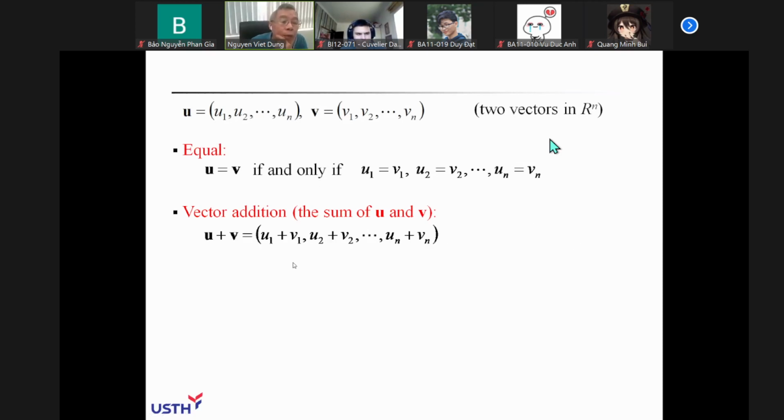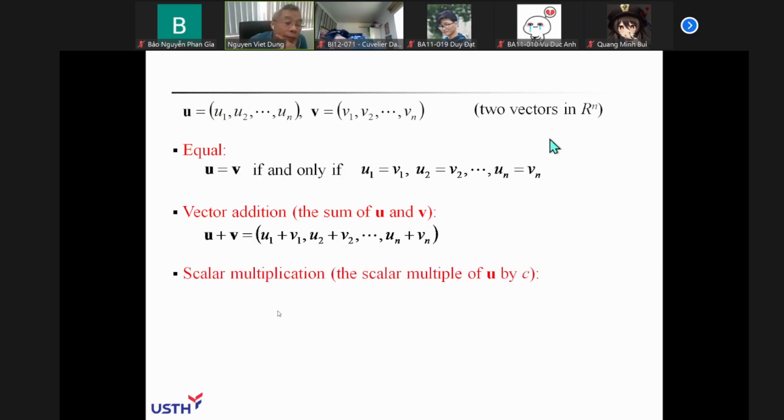That is a new vector, u plus v, equal a new sequence consisting of u1 plus v1, u2 plus v2, up to un plus vn. And because it is a sequence of n real numbers, it is again a vector inside R^n. Means you have u plus v is again a vector in R^n.